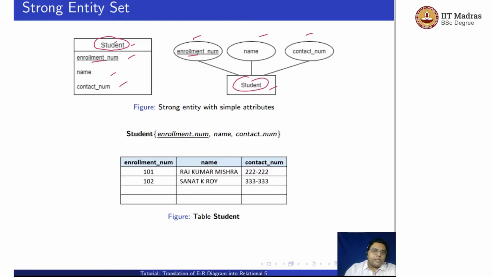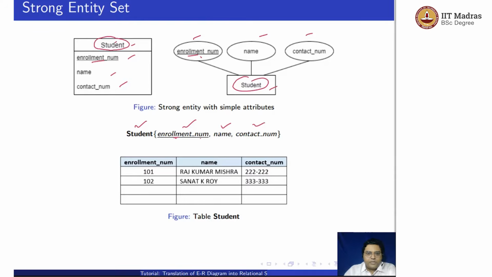So how can you create a table format? We can create a single table out of it. So that's the student schema, right? Having the attributes enrollment number, name and contact number, and the identifying attribute, or the primary attribute, becomes the primary key over here. So this is the primary key. Here an example is given.